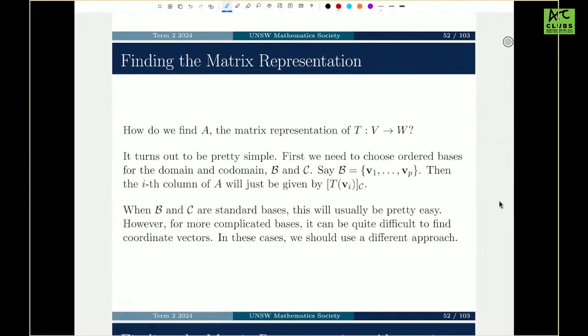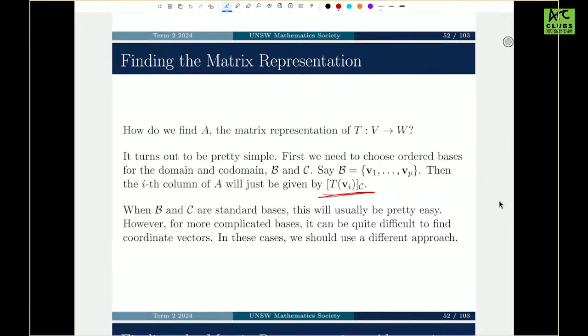When B and C are the standard basis, finding this is not that hard. But for more complicated bases, it can be harder. Usually when we work with the standard basis, we already have the thing in terms of that basis.